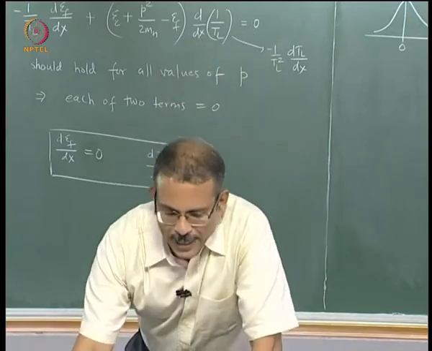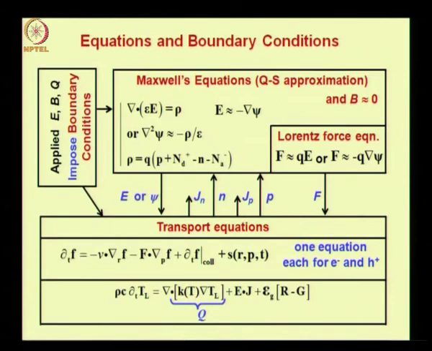So V into I is the total heat loss in the device, whereas E into J is the heat generated within a local volume, right. Now this is a differential equation which should work for different positions in the device, different local volumes, and for different instants of time. So this is a microscopic description of the heat generation because of ohmic losses.